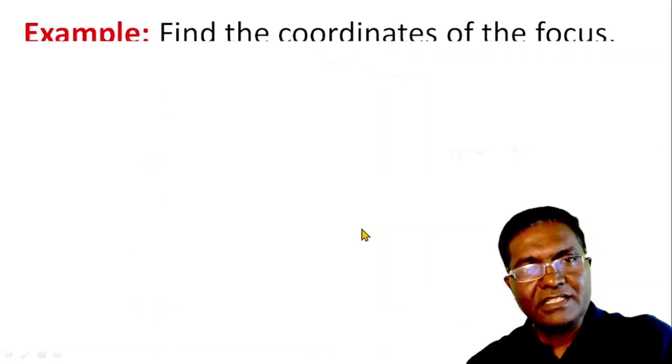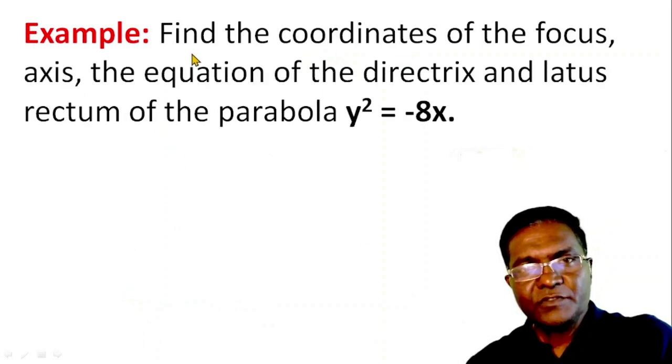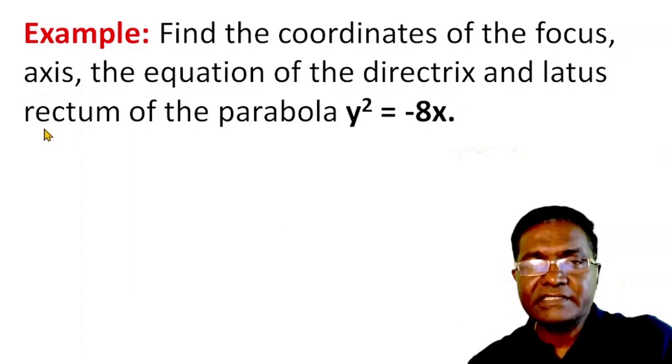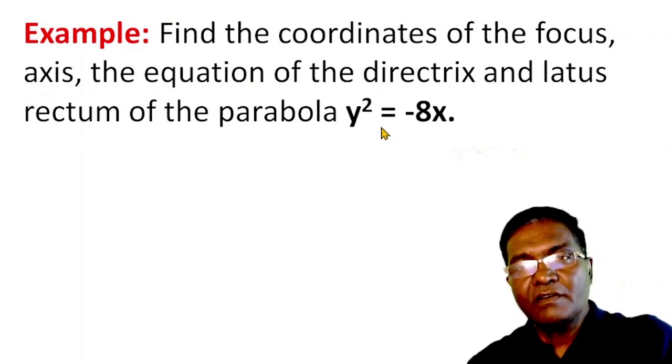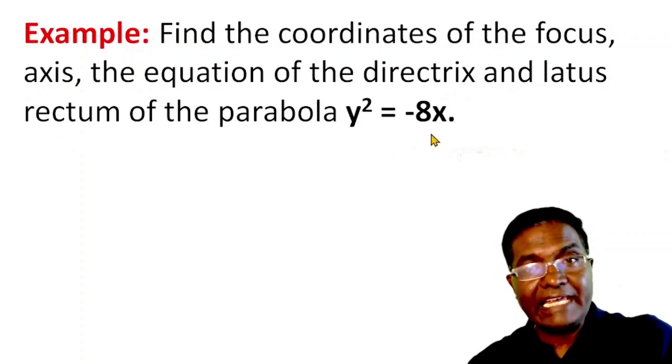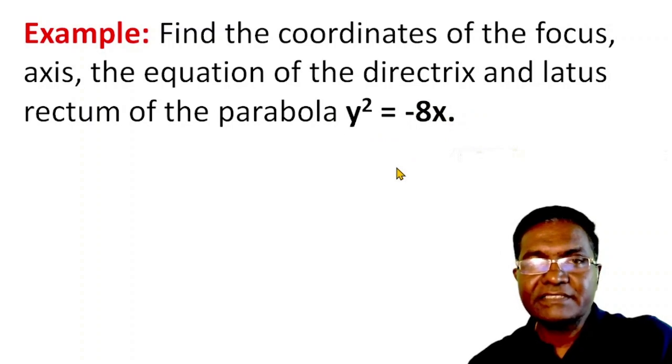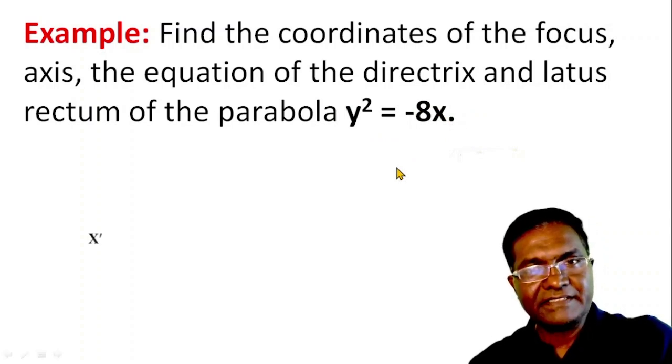As usual, find the coordinates of the focus, the axis, the equation of the directrix, and latus rectum of the parabola y square equal to minus 8x. So look, compare this with a general equation of the parabola with negative x-axis as the axis.